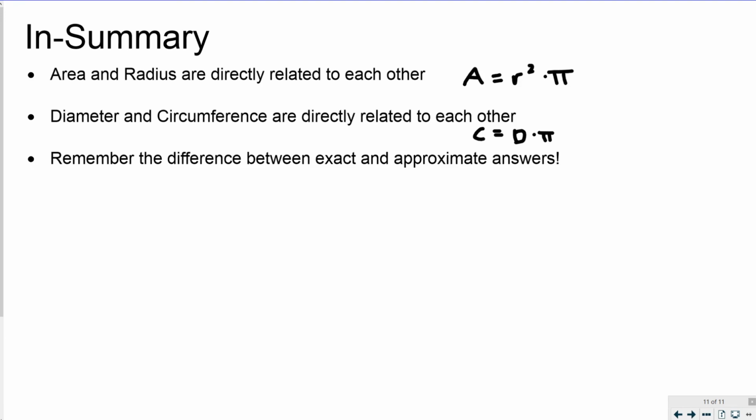And then remember the difference between exact and approximate answers. An exact answer would be like 11 pi. And then the equivalent approximate answer would be what happens when you multiply it out, and you would get 34.56. So you have your exact here versus your approximate over here.